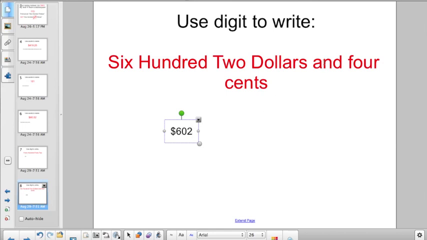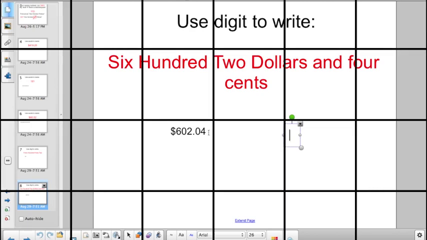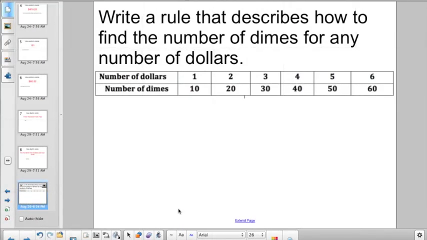I have an and, so I better put in my decimal point. And now 4 cents. Cents, when it's written in dollar form, you always have to use 2 digits, right? So I don't want to put just 4. That wouldn't be right. I have to go 0, 4. $602.04.